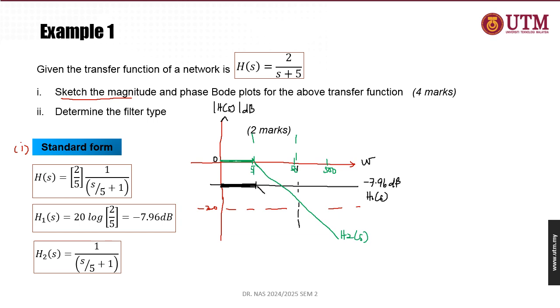So you can see that the line basically drops down. So this is basically the frequency response of the given transfer function. This is the magnitude plot, and continue with the phase plot.